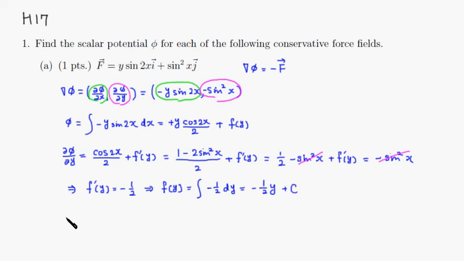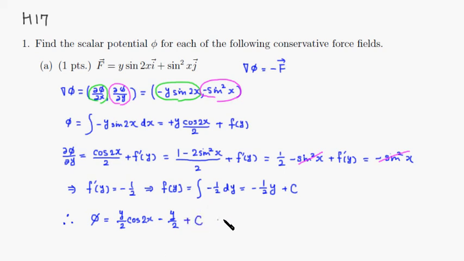Alright, so therefore we have a complete formula for phi. The scalar potential is going to be, maybe I should write this as y over 2 cosine of 2x, then negative y over 2, and plus some constant c.